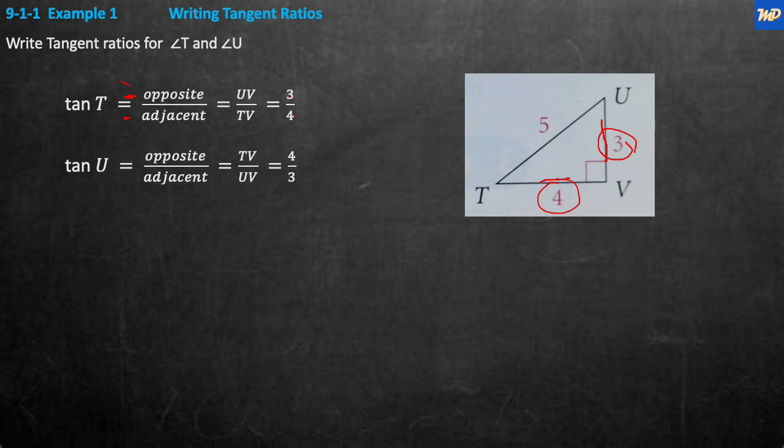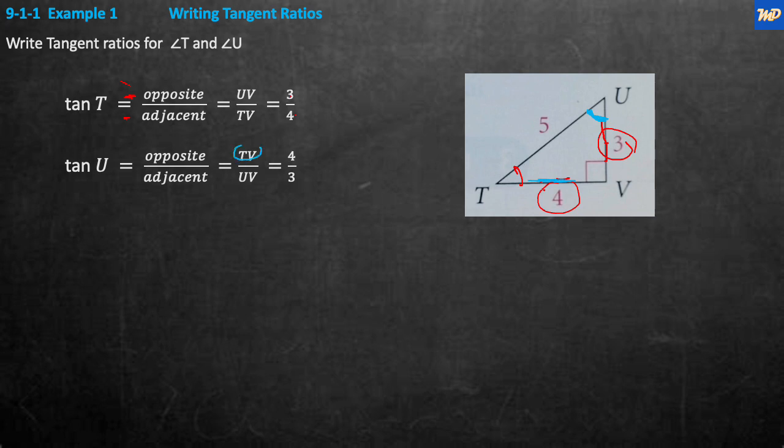Okay, how about tangent of U? Well, U, oh, by the way, T is down here. So this is T, so this is opposite and adjacent. So now let's look at U. I'm going to change the color. So angle U down here is equal to what? What is the opposite of angle U? The leg opposite is this one here. TV is opposite, right here.